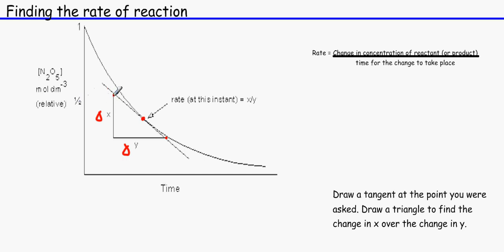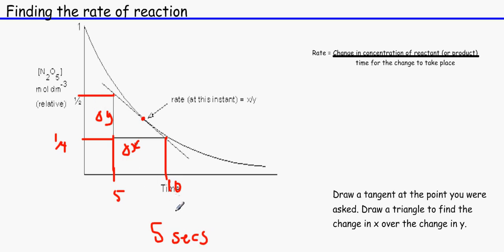Okay, so say for example that this is 1/2, I know it isn't, and this is 1/4, and this is, I don't know, 10 seconds, and this is 5 seconds. We know that the change in X is 5 seconds. We know that the change in Y is 1/4 or 0.25.